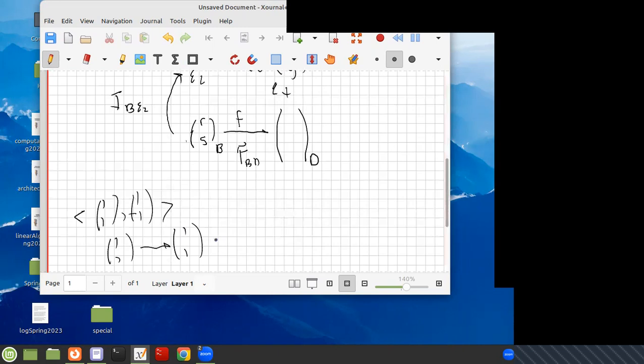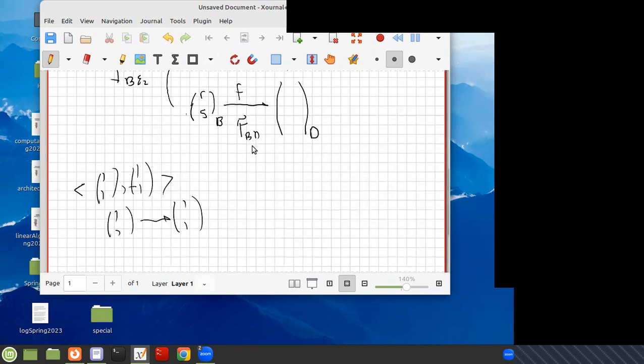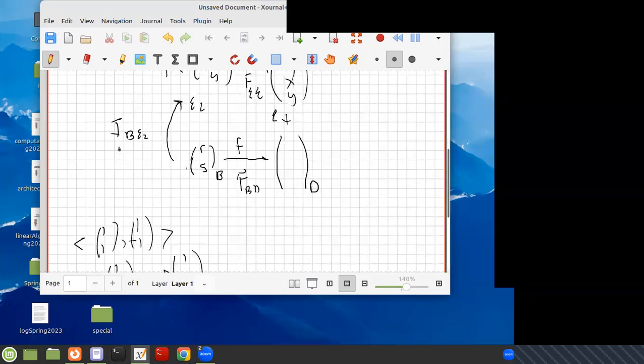We want to write this as, well, what's the matrix that does this? This is just 1 times 1, 0 in the standard basis, and then 1 minus 1 is just 1, minus 1 in the standard basis. So this matrix here is just 1, 1, 1, minus 1.